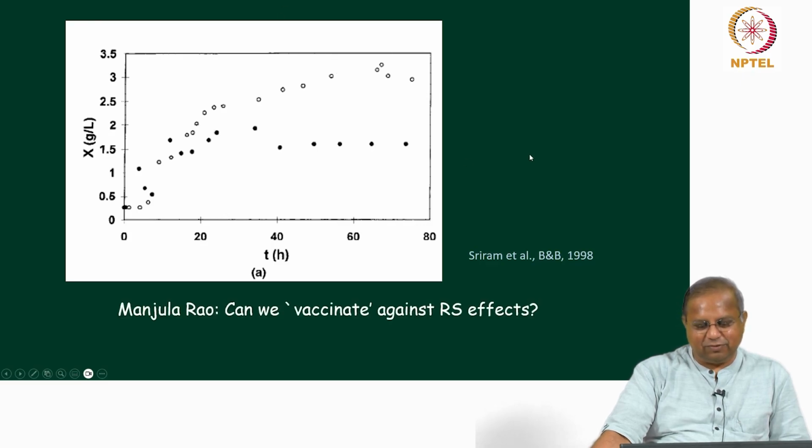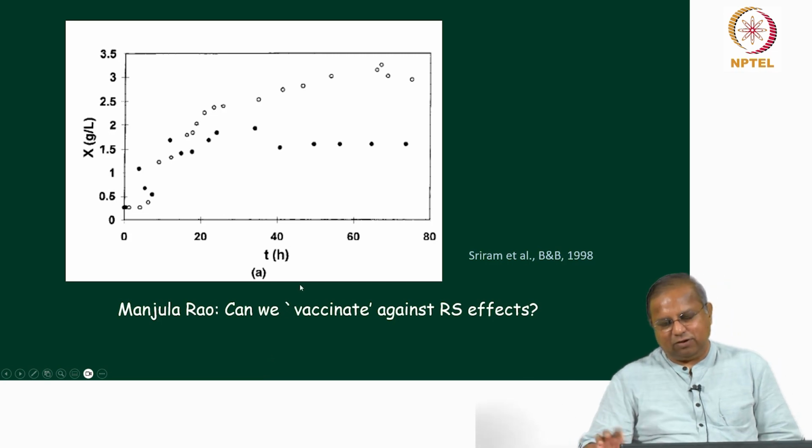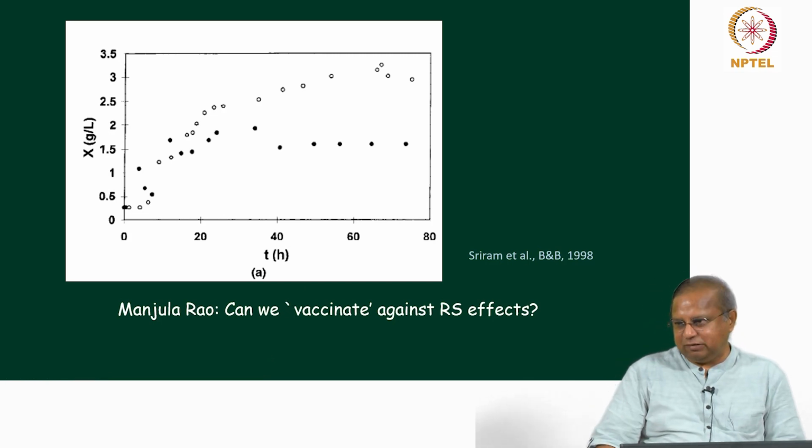We'll talk about that. So when Manjula joined, Manjula was my first PhD student. I think I've already told you some part of her story. So her question, she already had some background in reactive oxygen species with mice and so on. So that's the reason why she was interested. Although she was the only student who joined at that time for a PhD, she agreed to work on this.